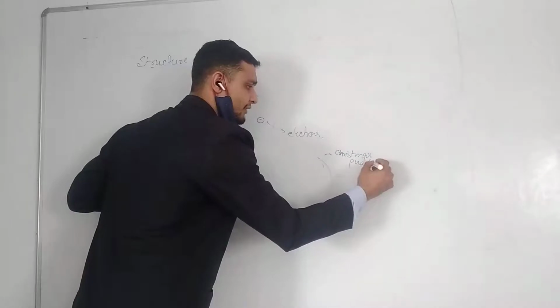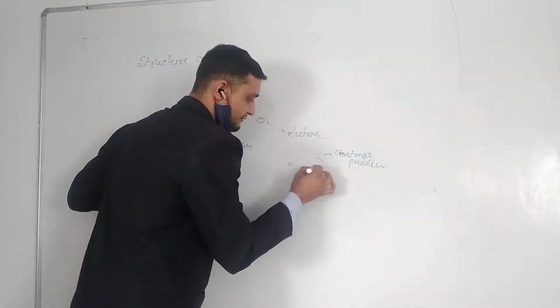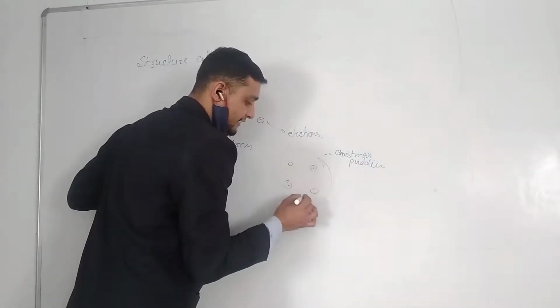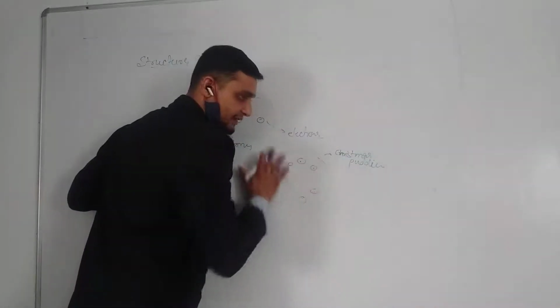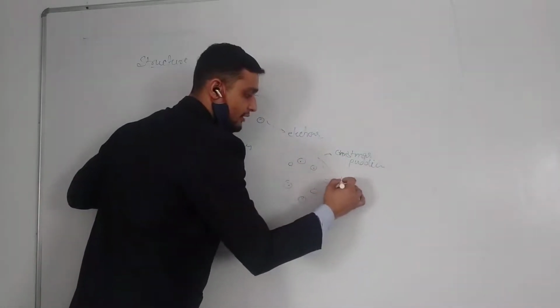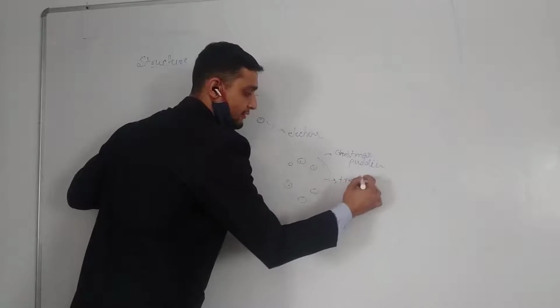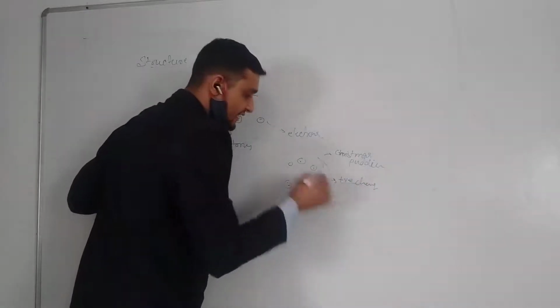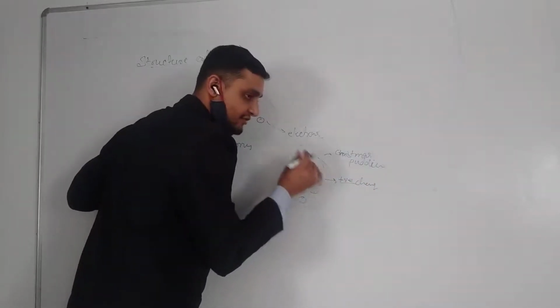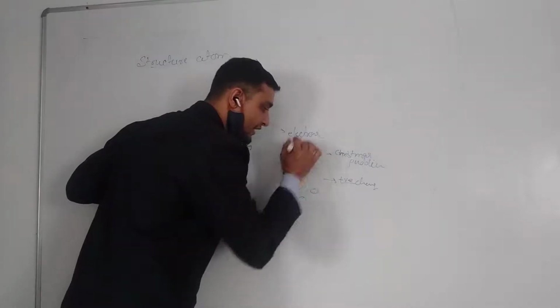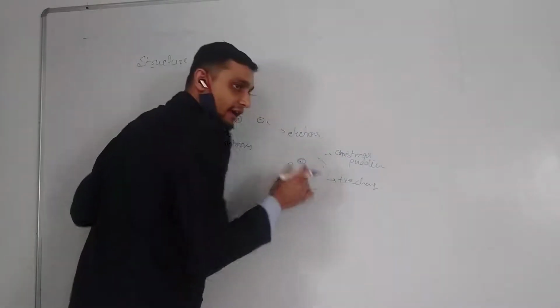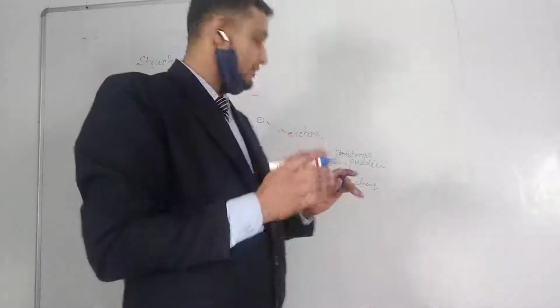This Christmas pudding looks like this. He said that the base of this Christmas pudding is all positive charge, and the negatively charged electrons are embedded in this structure in between, according to the atomic number.